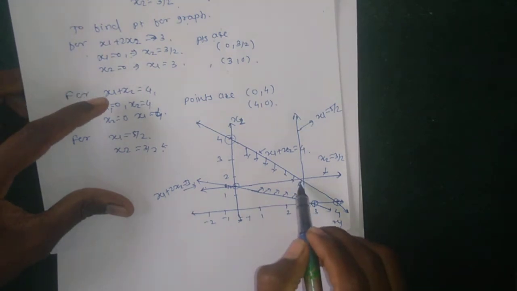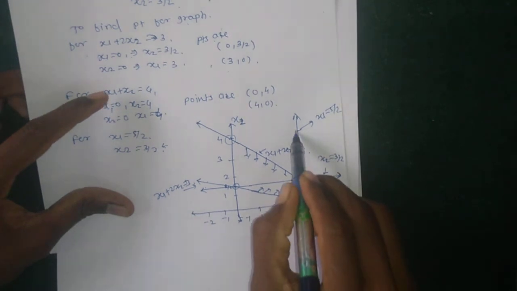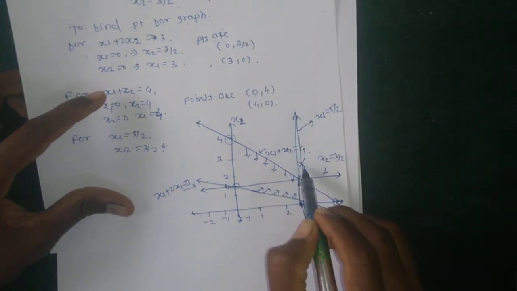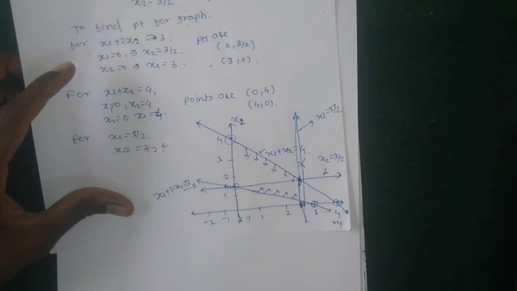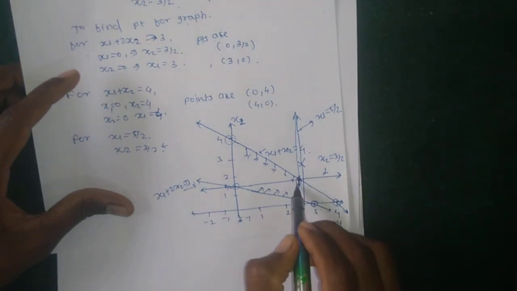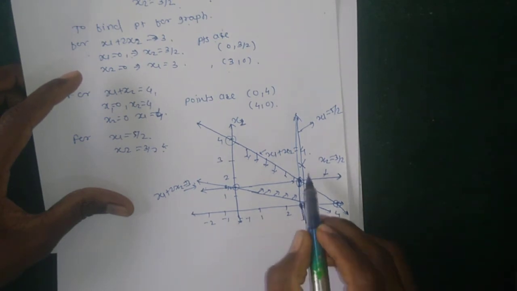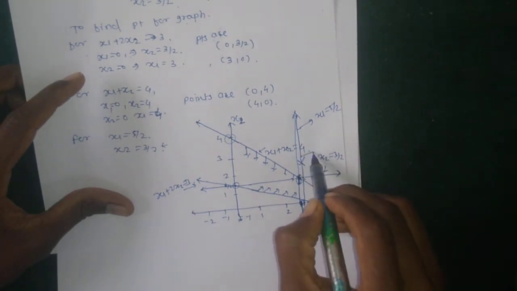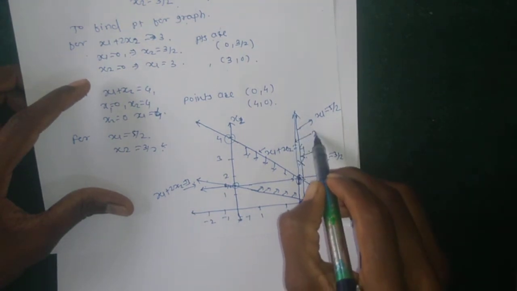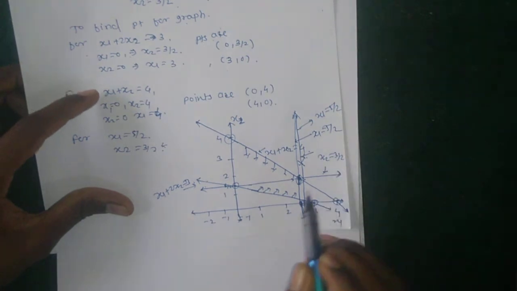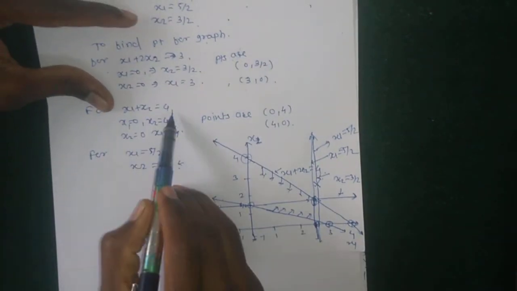Here is the intersection of lines. Sorry, take this line, x1 is equal to 5 by 2, then x1 plus x2 is equal to 4.